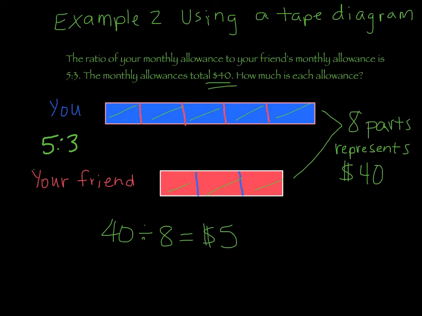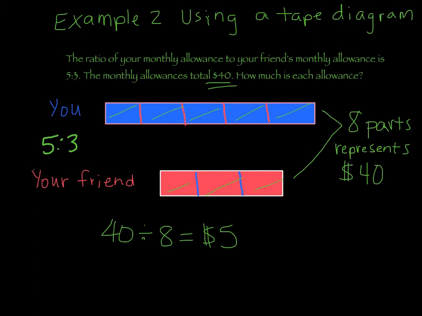Now, before I lose anybody, I want you to think about this. The ratio of your monthly allowance to your friend's monthly allowance is 5 to 3. The monthly allowance total is $40. How much is each allowance? So if I have 5 parts, which is what they told us right here, and my friend has 3 parts, I have a total of 8 parts representing a total of $40.